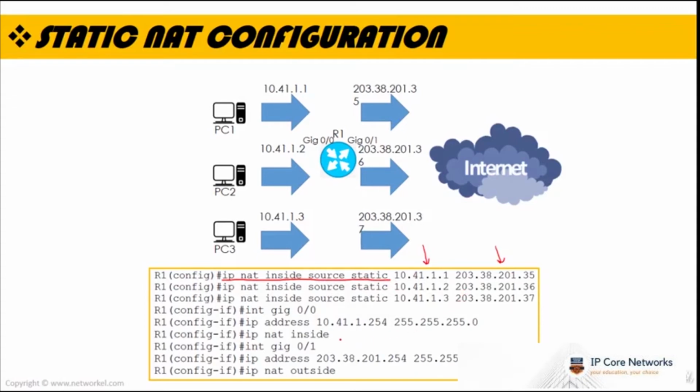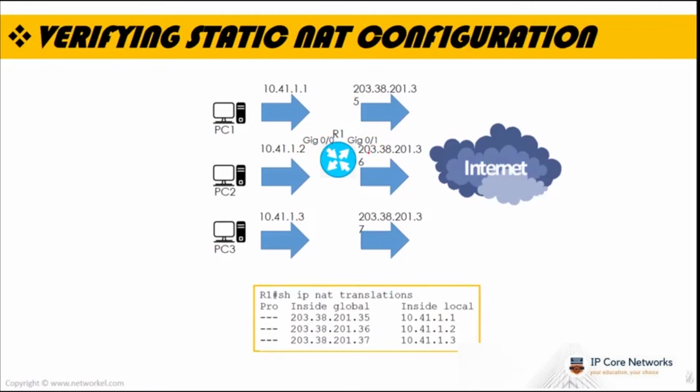Then we are getting into the interface mode of our router, and for gig 0/0, which looks to the internal side, we are typing the ip nat inside command, and we are typing the ip nat outside command for our gig 0/1 interface, which looks to the internet side. To verify the static NAT configuration, we can use the show ip nat translations command, and we can check the inside local and global IP addresses.